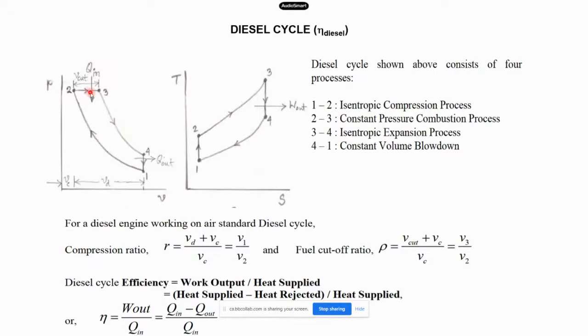The cut-off ratio is the ratio of the volume at 3 and the volume at 2. In other words, V3 over V2 is called the volume cut-off ratio. This is the point where heat is added up until 3, and then you cut the heat at 3. So the volume at 3 divided by the volume at 2 gives us what we call the fuel cut-off.